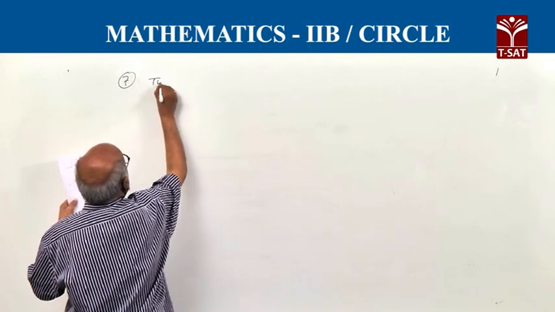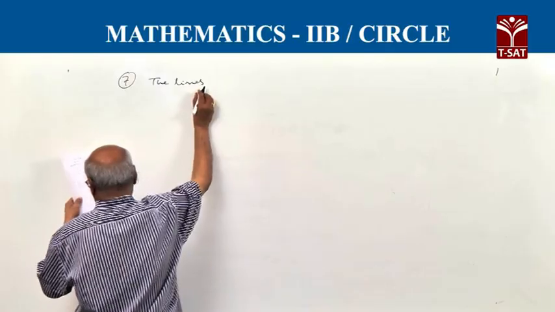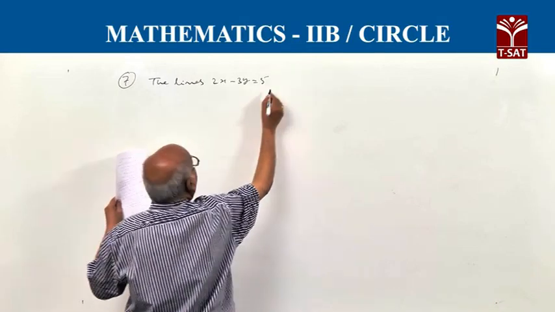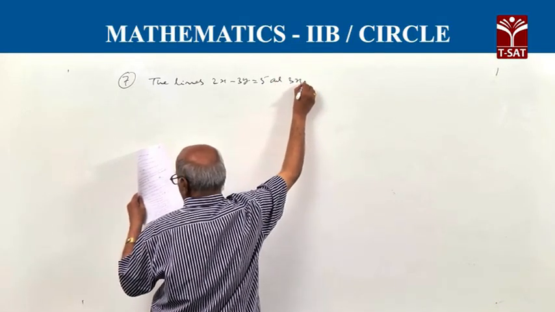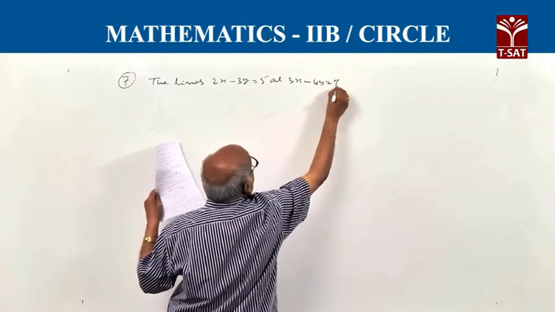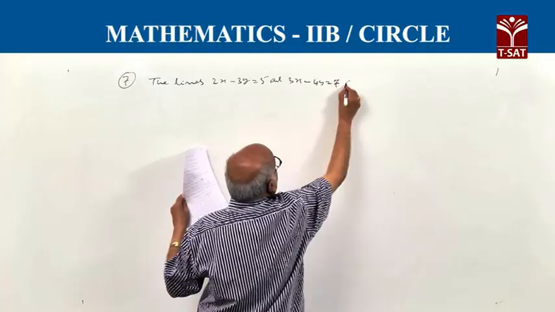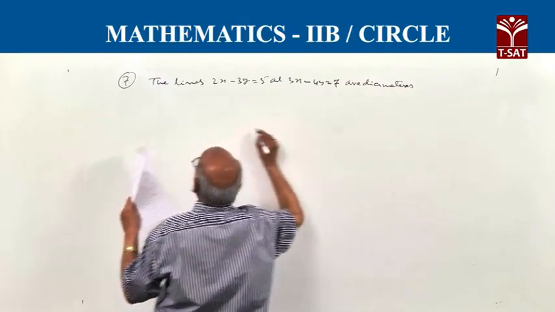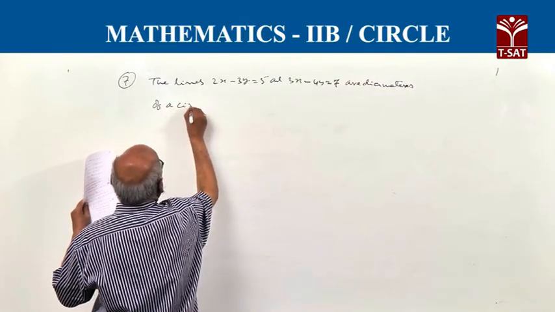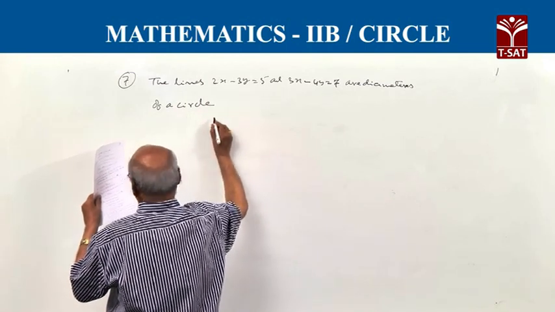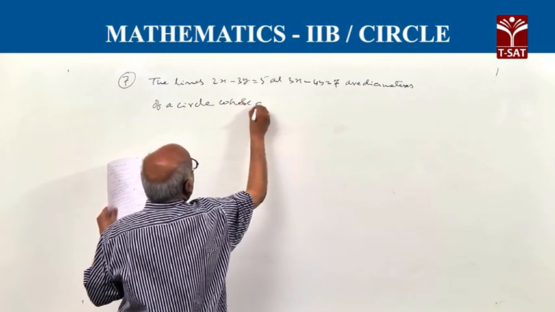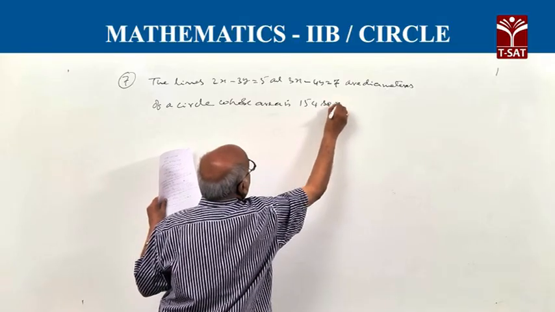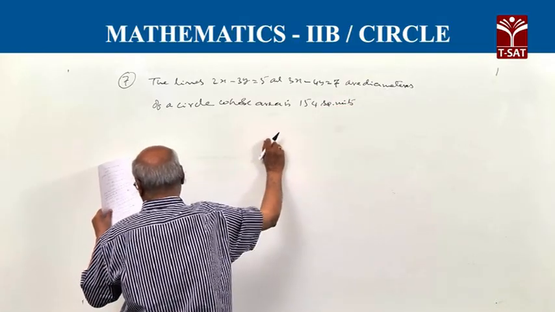The lines 2x minus 3y is equal to 5 and 3x minus 4y is equal to 7 are diameters of a circle whose area is 154 square units.